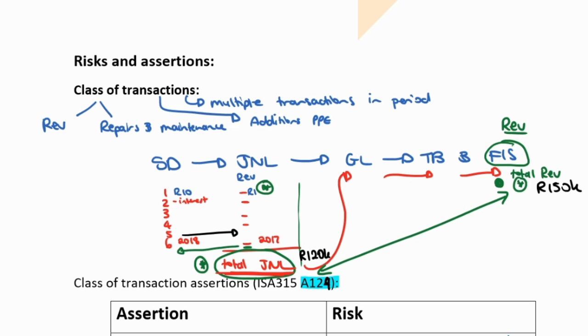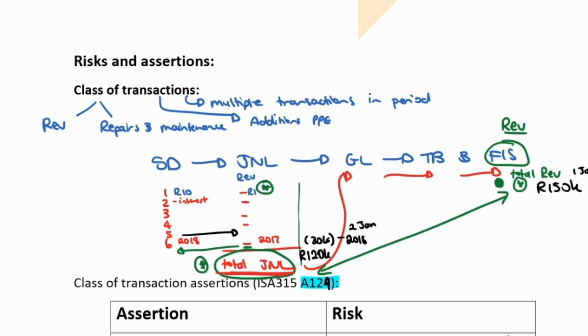So they've done the reversal in the journal, but they haven't put that into the financials. They took out 30,000 because they realized this related to 2018 and we're doing 2017. But they did this on the 2nd of January, but they prepared the financials on the 1st of January.